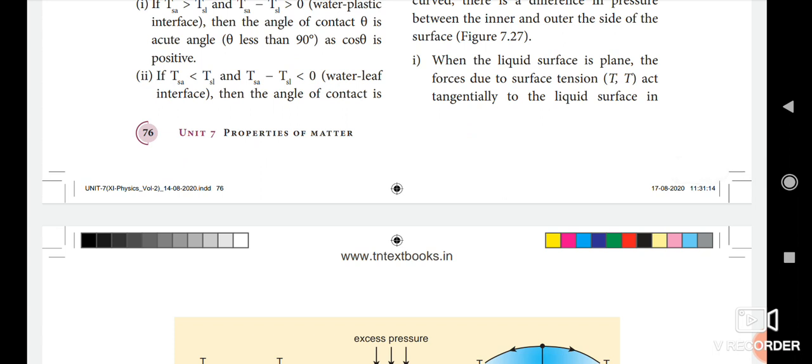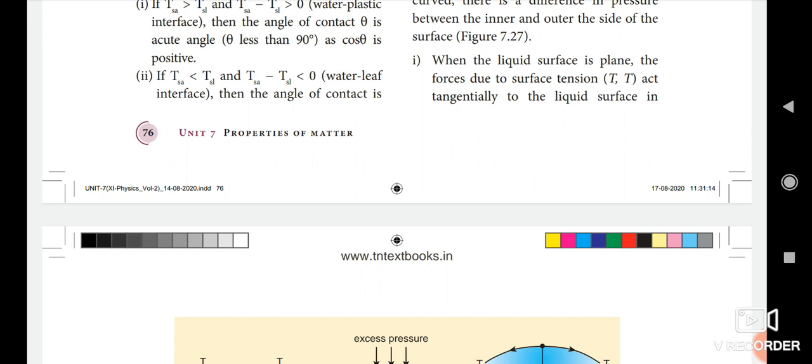In second case, here the TSA, that is the tension of solid air, is less than solid liquid, which means TSA minus TSL, but here the value is less than 0. In first case the value is greater than 0, in second case the value is less than 0. In first case the interfaces are water and plastic.